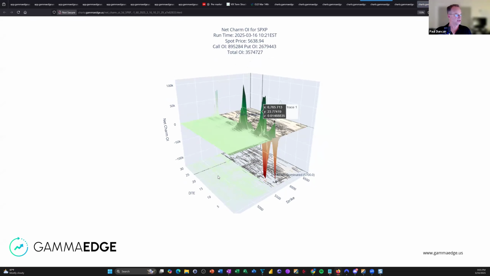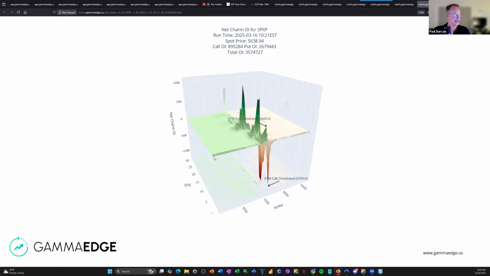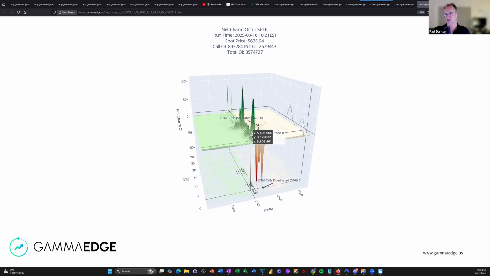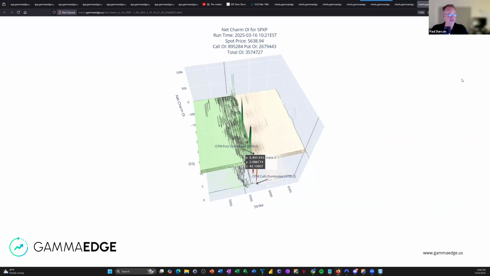We've got strikes, time, and then magnitude. This gives you a sense of where the big, what we call icebergs, are. But the name of left-hand plane, right-hand plane, the genesis of that was from this, the charm plot. This is telling you where there are some big strikes out there already for the SPX, so knowing where those are can be very useful.